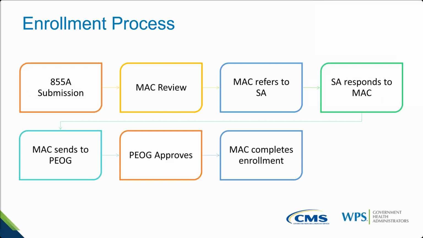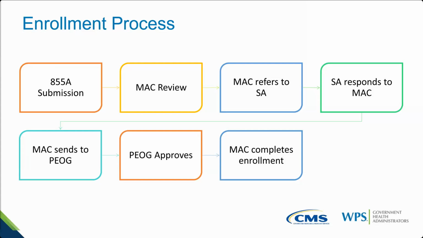So next, I'd like to walk through the enrollment process a little bit. As I mentioned, this is really where hospital enrollments and Part A enrollments in general are very different from Part B. Before I go through this, I do want to call out that they're transitioning some of the steps of this process back to the MACs, simplifying the process a little bit.